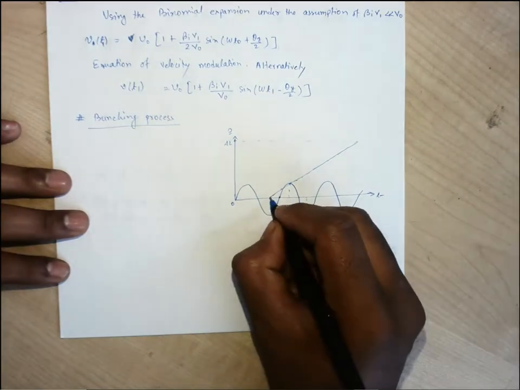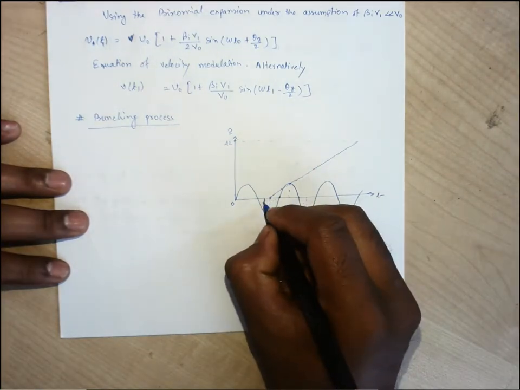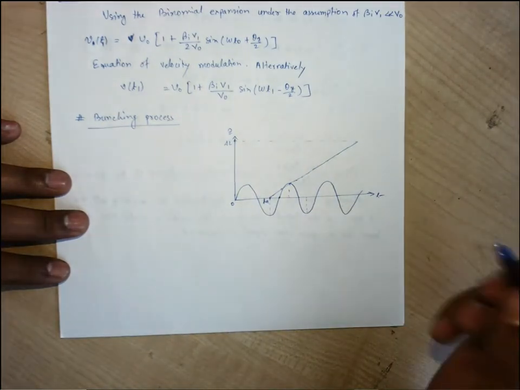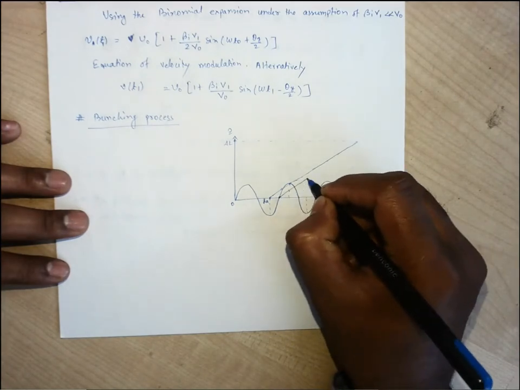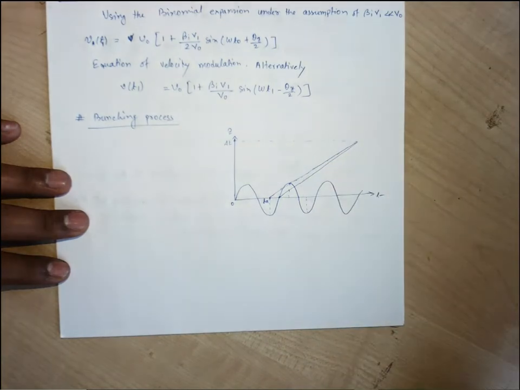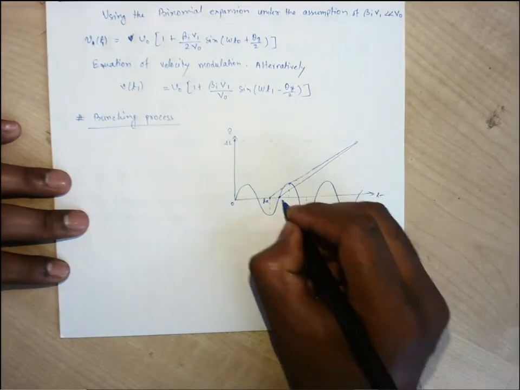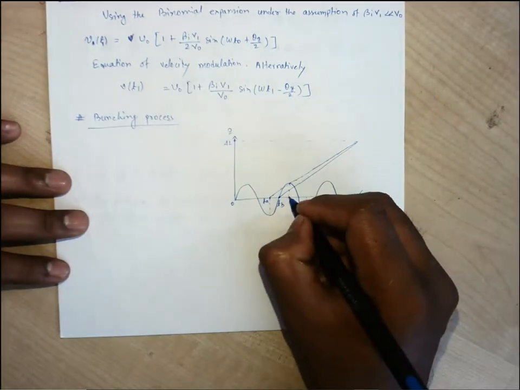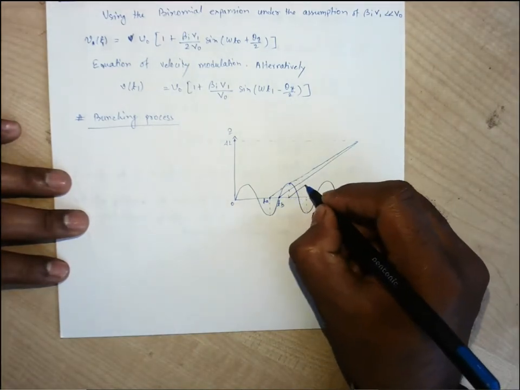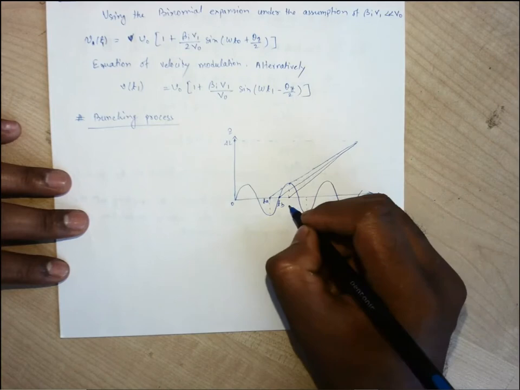So this is the time, let us consider Ta. For these electrons, let us consider this is the time Tb, and for this electron there is a time Tc.